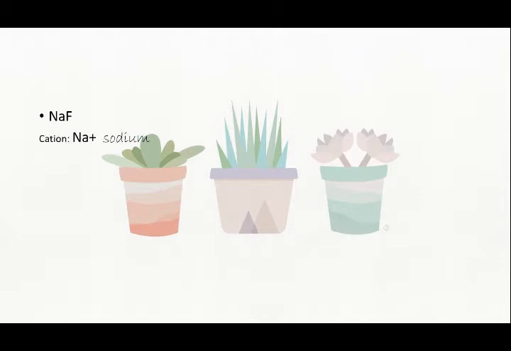So from this compound, the cation is Na+, while the anion is F-. Next, we name the cation by its element name, which is sodium, and the anion ends the element name by IDE, which is fluoride. Therefore, this compound is named sodium fluoride.